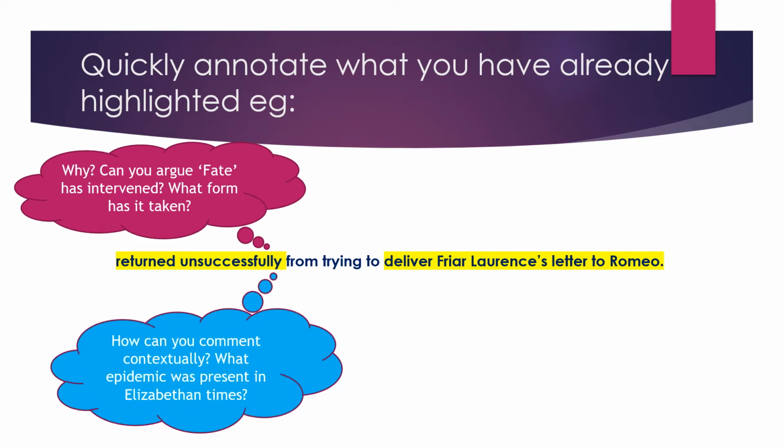And then let's think about how we can link that contextually and think about, well, what epidemic was present in Elizabethan times? So in Shakespeare's own time, what epidemic was present and having a massive impact on the population?